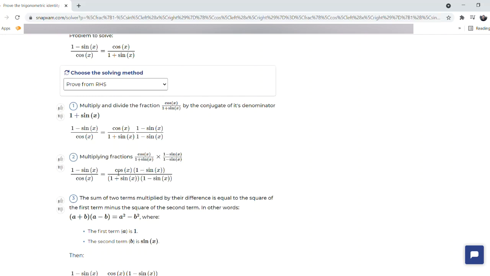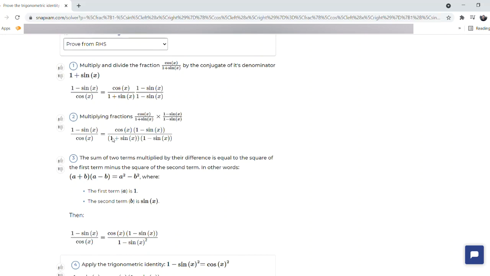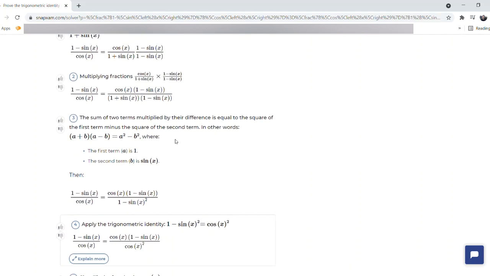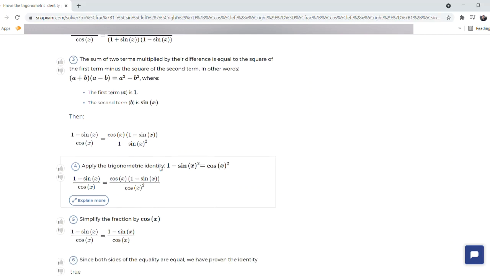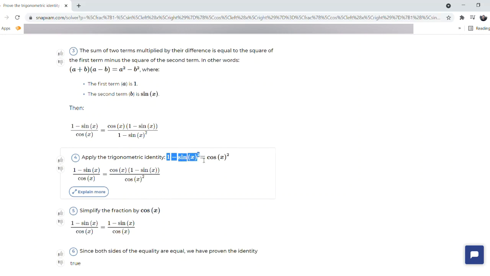So we end up in the numerator with cosine times 1 minus sine of x, and in the denominator we end up with a product of conjugated binomials. So we then apply the same rule, a plus b times a minus b equals a squared minus b squared, which ends up with 1 minus sine squared, which we can simplify to cosine squared using the identity 1 minus sine squared equals cosine squared.